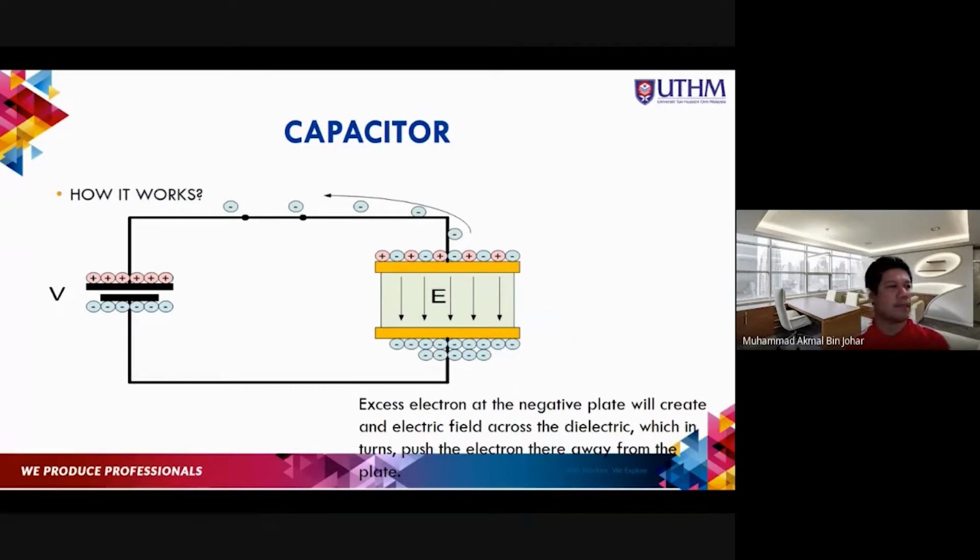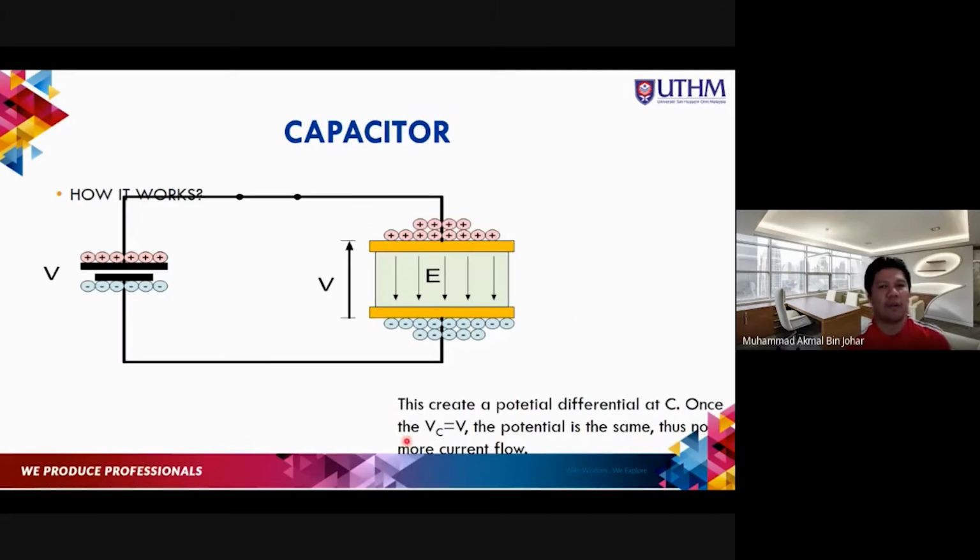Finally, all the positive charge will be accumulated at one part and negative charge accumulated at the other part, just like a battery. Because in a battery, one part is full of positive and the other part is full of negative.